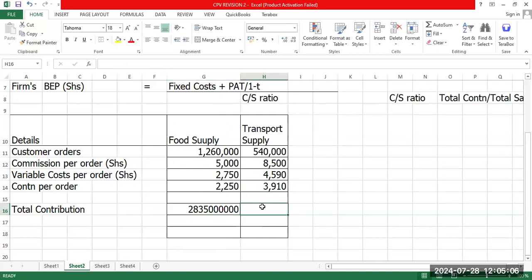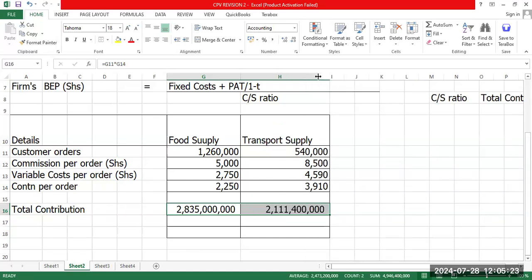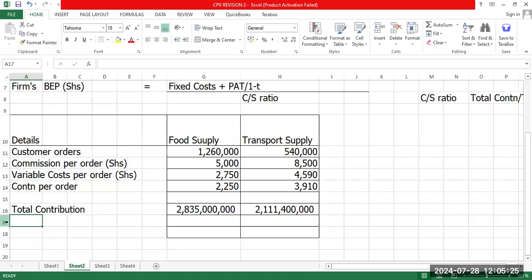Then total sales, here we can use the word total commission.